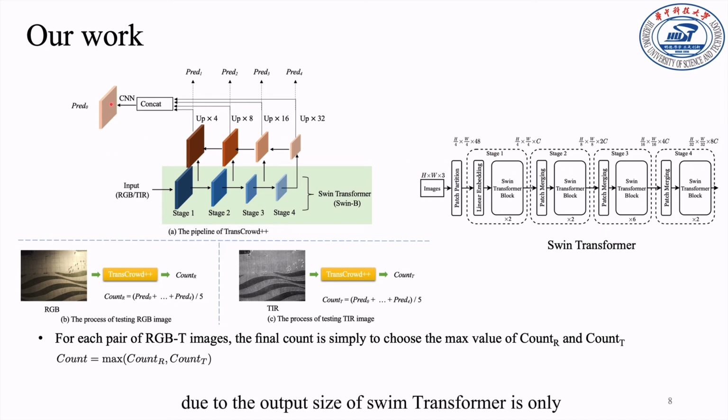Because the output size of Swin Transformer is only 1/32 of the input, we add a top-bottom fusion mechanism to make full use of the variant spatial information extracted from different stages of the backbone to generate high-quality density maps. During the training phase, we train an independent Transcrowd++ model for RGB and thermal modalities, respectively.